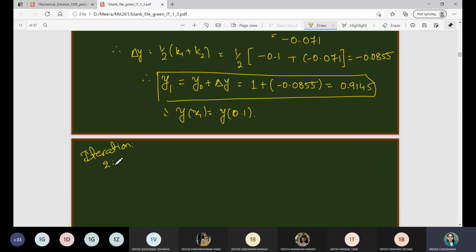For iteration 2, I am giving you 2-3 minutes. Quickly complete it and let me know the answers one by one: the K1 value, the K2 value, then the increment value, and finally the y approximation. Evaluate it.